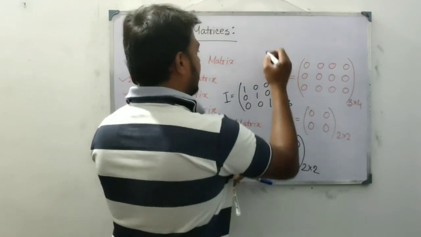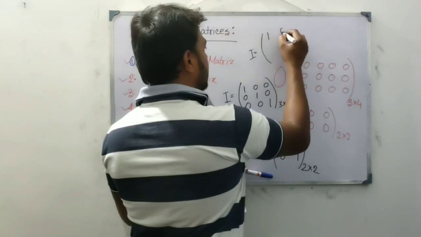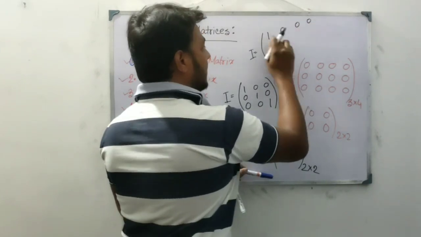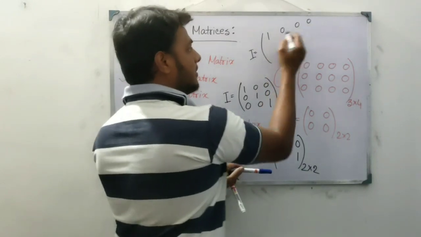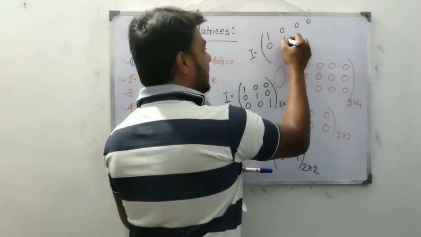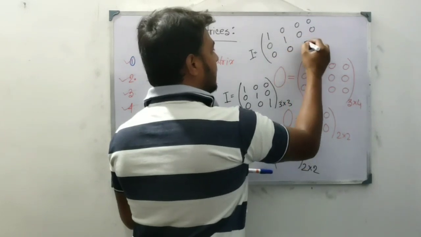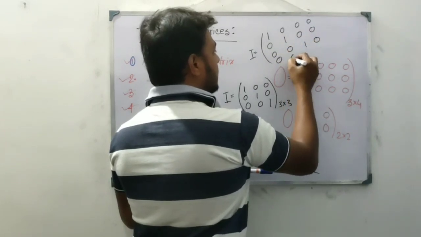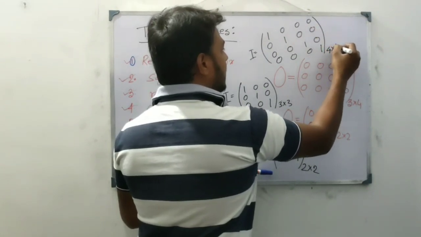For 4 cross 4, the identity matrix will be in this form: 1, 0, 0, 0. First we consider the first element 1, and the rest of the elements 0. Next we consider the second element 1 and the rest 0. Next 0, 0, 1, 0. Then 0, 0, 0, 1. This is the identity matrix of order 4 cross 4.